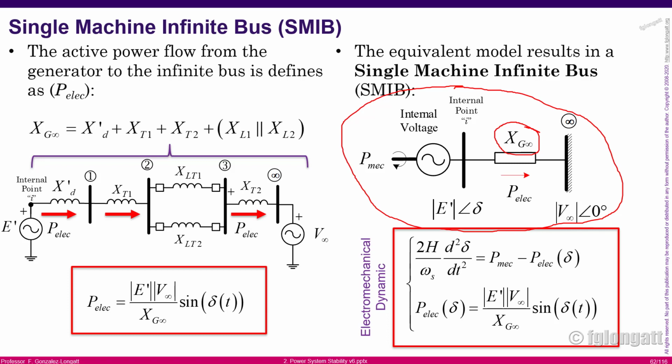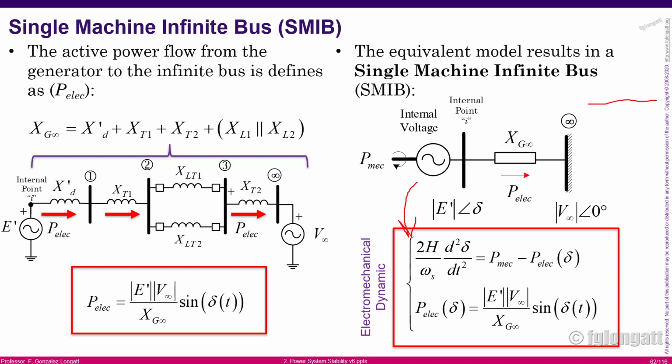What I need you to understand, and that is my job here, is that the electromechanical dynamic of that system can be represented by the swing equation, okay? And in this case, for the swing equation, you must understand something quite interesting. Here is the voltage of the infinity bus bar, and here is the internal voltage of your synchronous generator, okay?